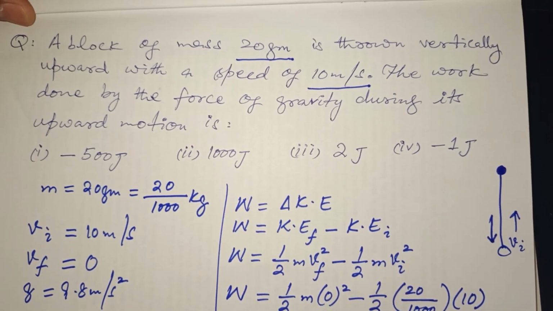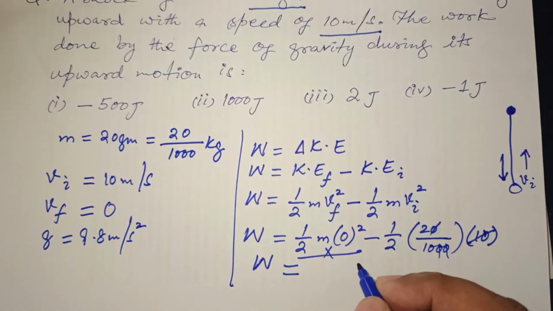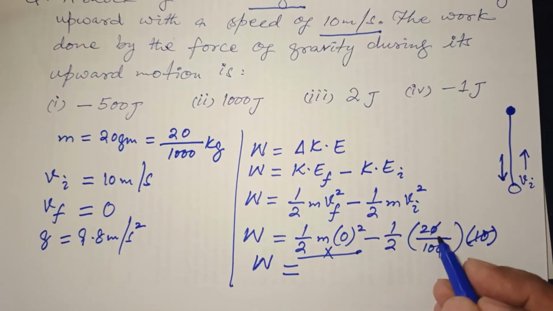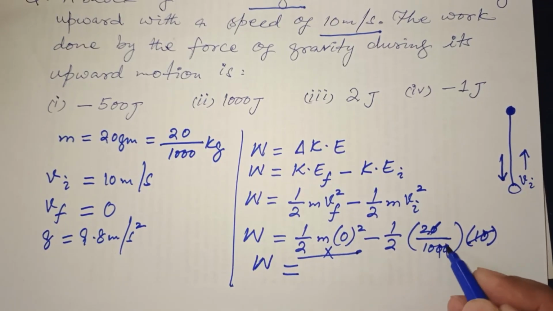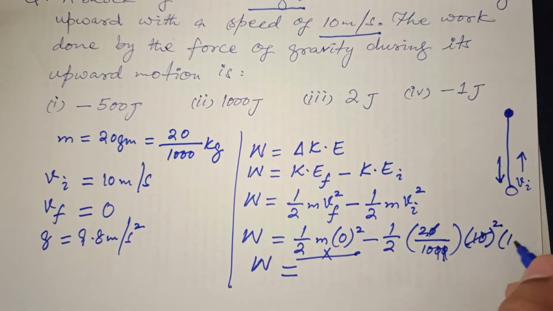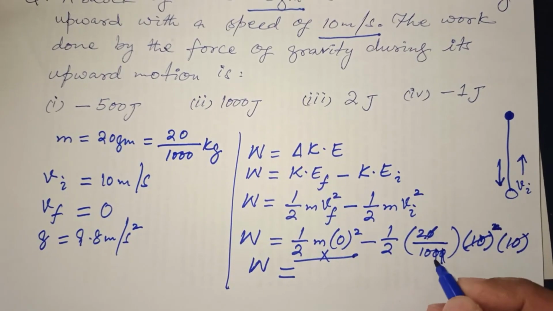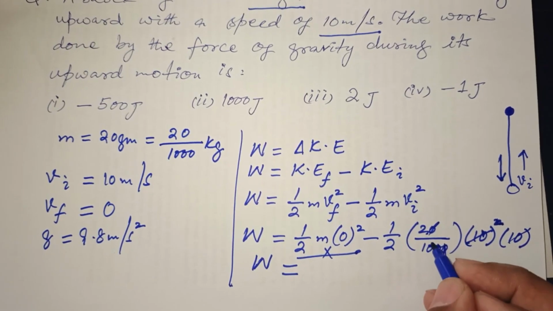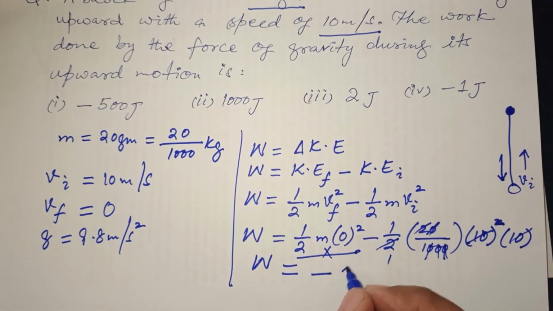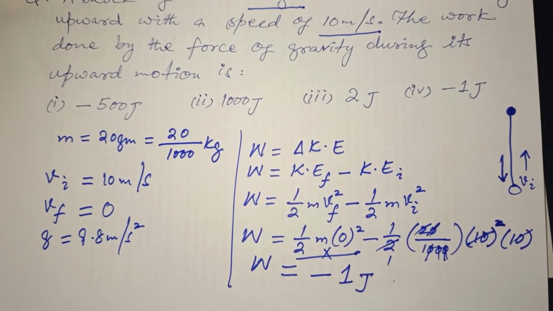So this term is 0, leave this term, only focus with this one. Now look at this. We leave this because this will become 0. This is 10 square. So here we'll have another 10 and remove this square. So 10 with this 10, 0 with this 0, and this 0 with this 0. This is 2 and this is 2. So left with minus 1. The result is minus 1 joule.